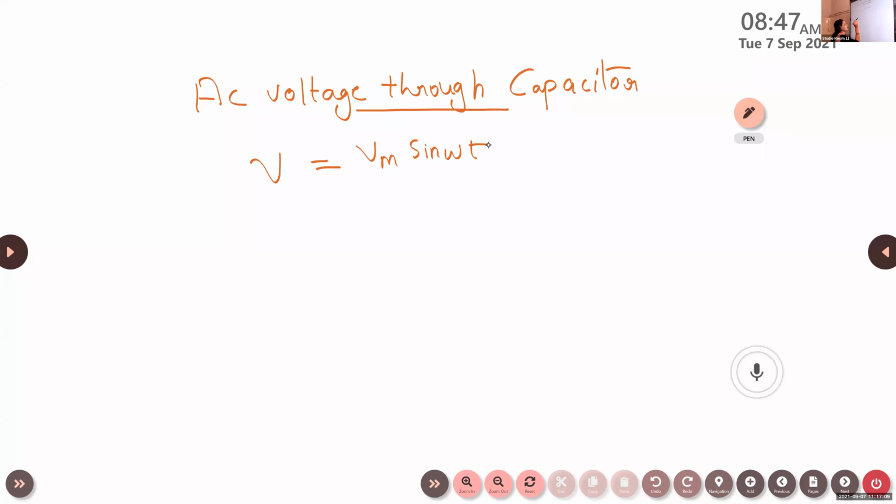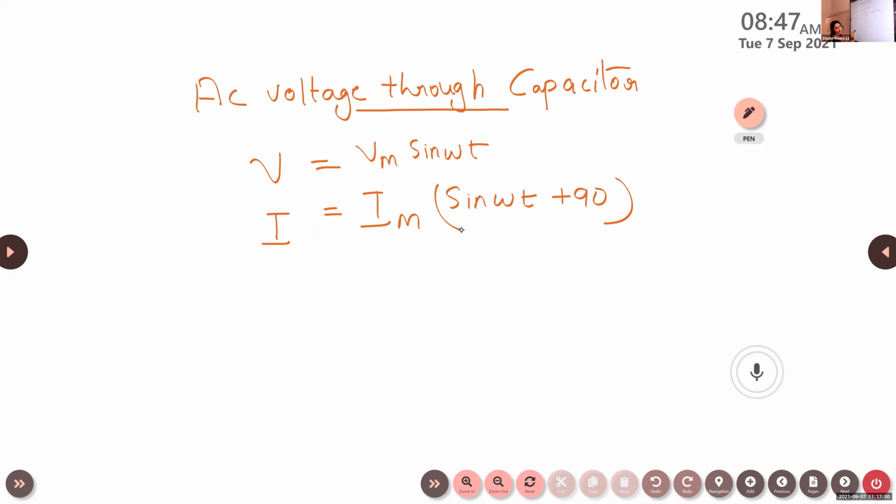Then the expression for current in the case of a capacitor: I is equal to Im sin of omega t plus 90 degrees.